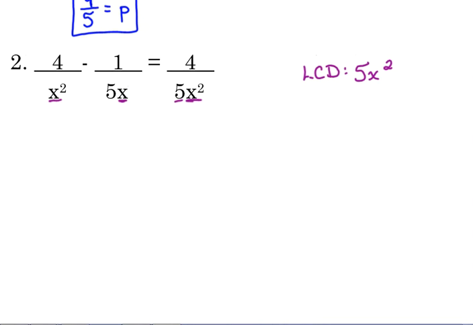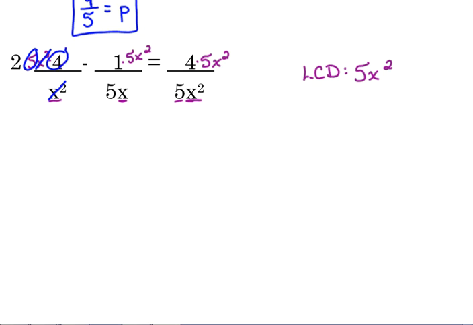If you're struggling with figuring out the LCD, ask yourself, what is the smallest thing that I can multiply each of these by and make my denominators go away in each case? So if we multiply by the 5x squared in all of our numerators, in the first case, the x squared cancels.